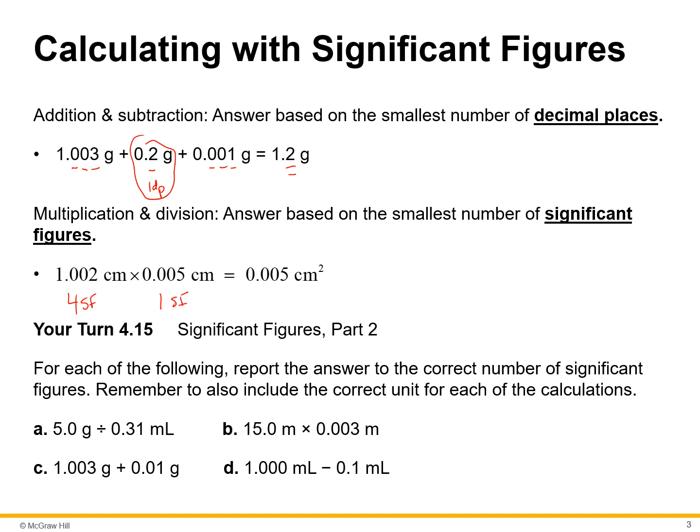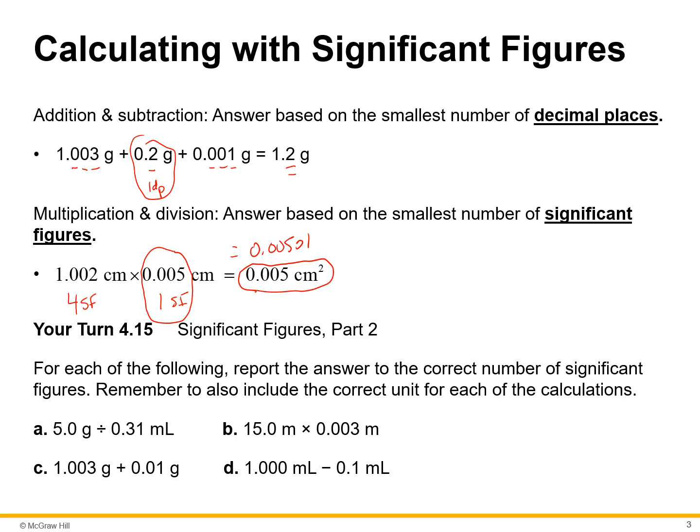So 1.002 times 0.005, if you do that on the calculator, actually comes out to 0.00501. But because the least amount of sig figs will be in your answer, this will come out to 0.005. Again, because the lowest sig figs in the question is 1 sig fig, your answer should have 1 sig fig.